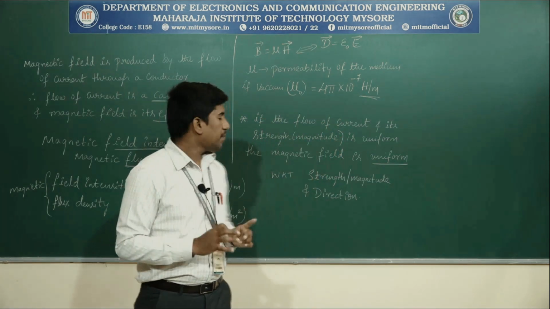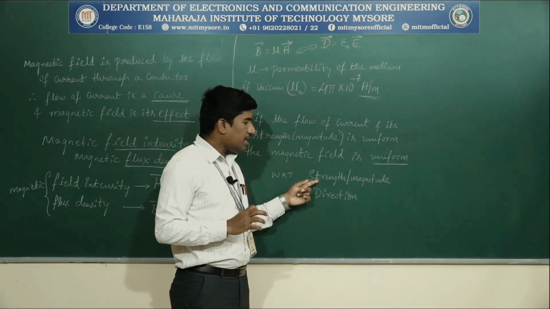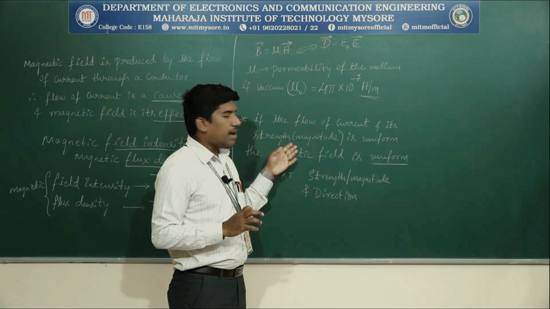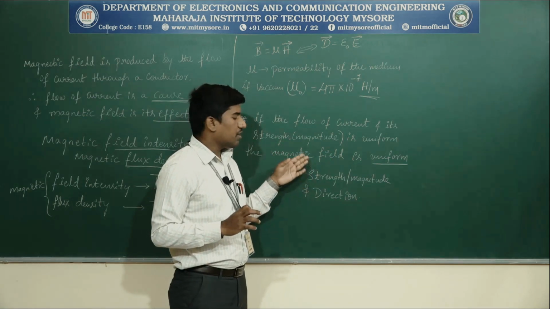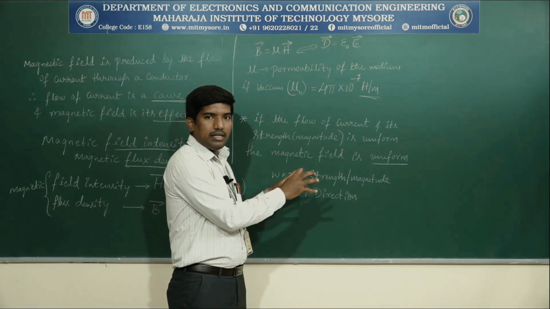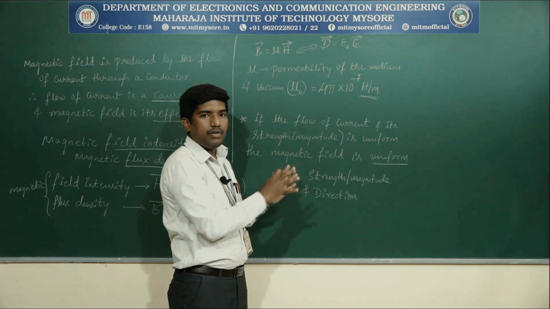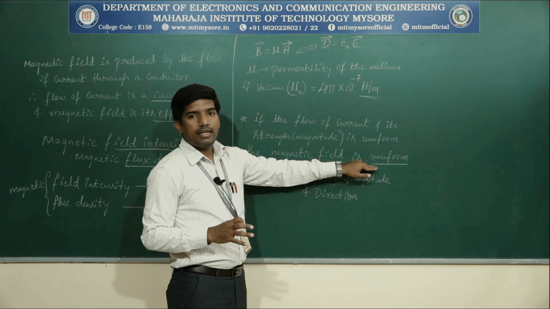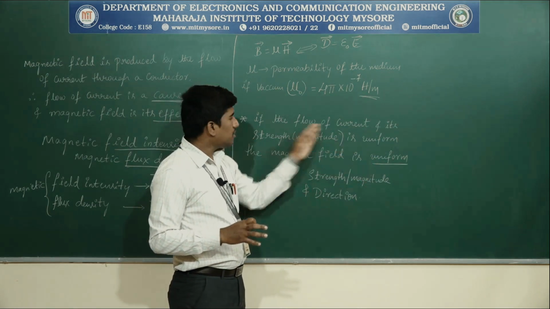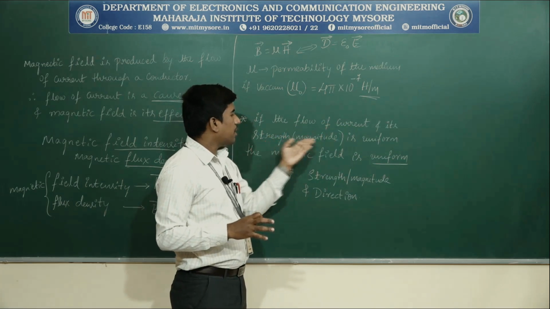Let me repeat again. If the direction and magnitude of the obtained magnetic field is constant, or uniform, in a given region, then the overall magnetic field is called a uniform magnetic field. The cause for this is uniform flow of current.